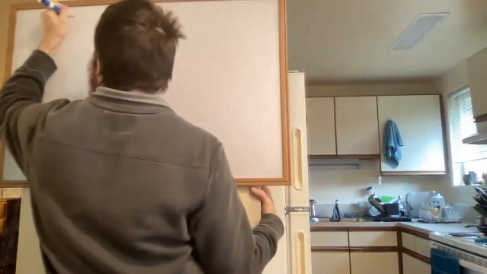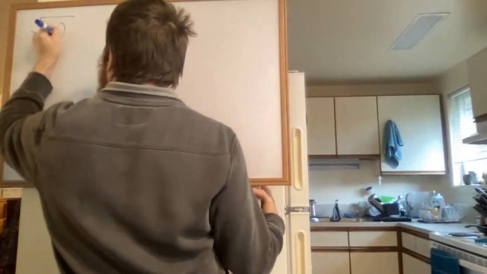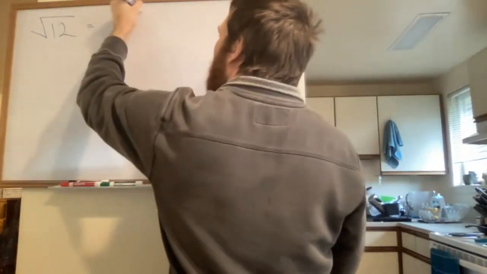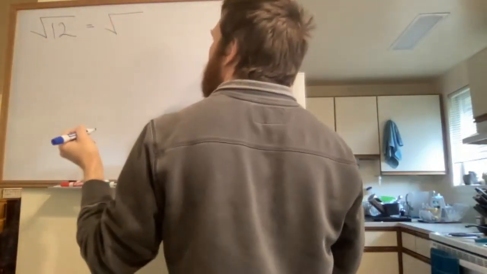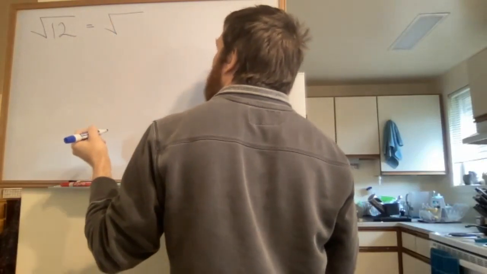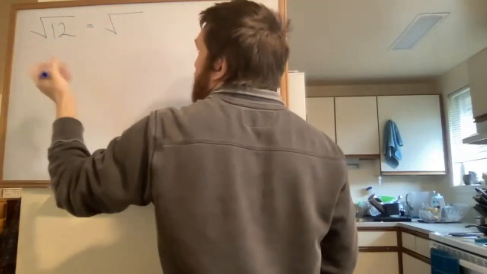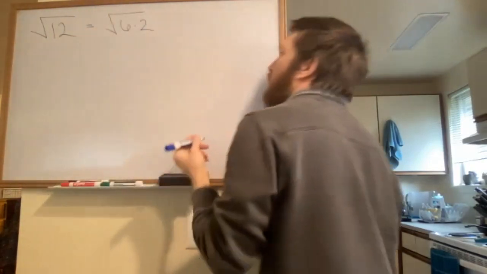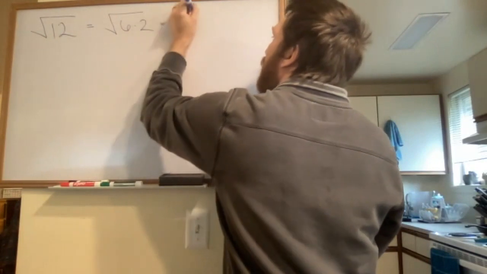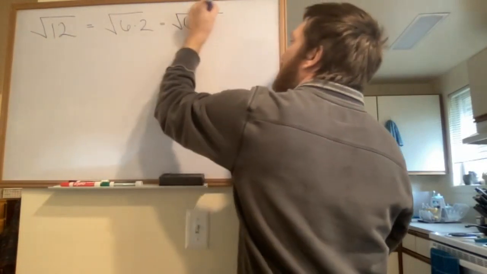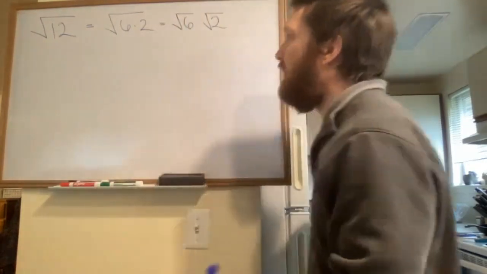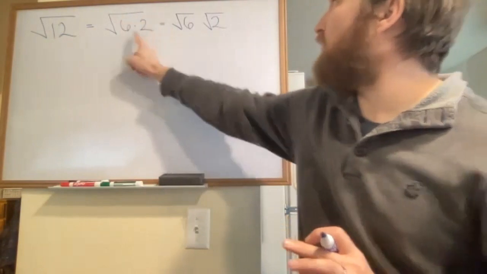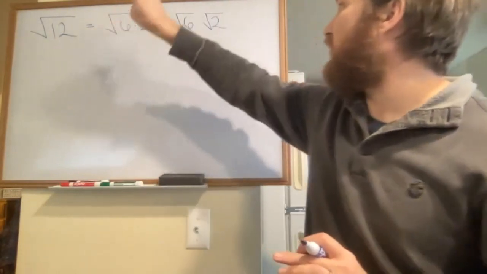For instance, 12 is equal to what times what? 6 times 2. So we could write that as the square root of 6 times the square root of 2, because by our theorem, multiplying two things together under a radical gives the same thing.